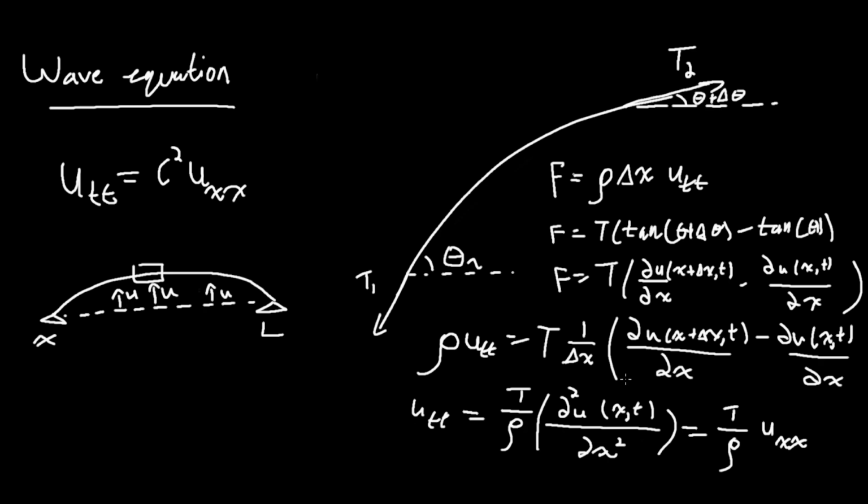Okay, I'm gonna write it up here. So UTT is equal to tension over linear density of UXX.